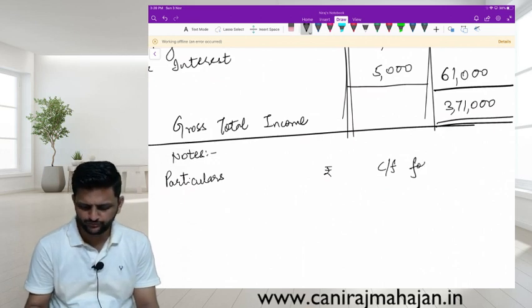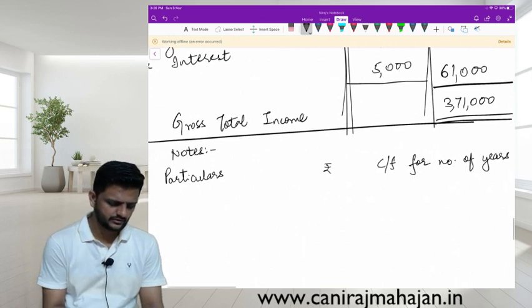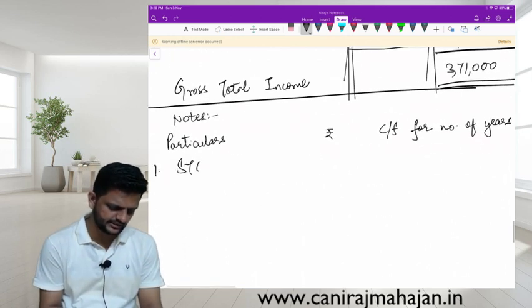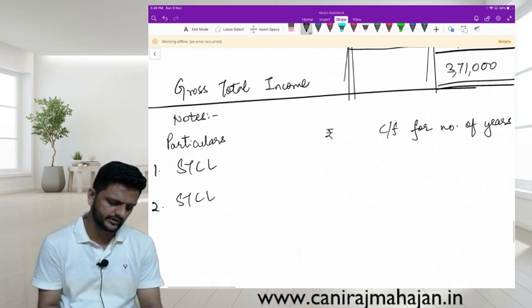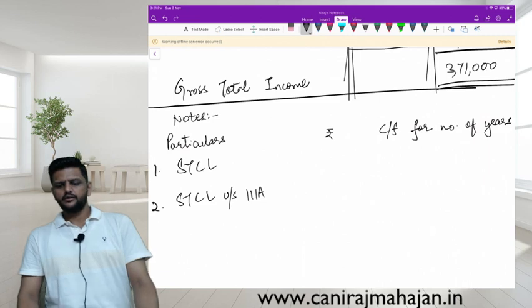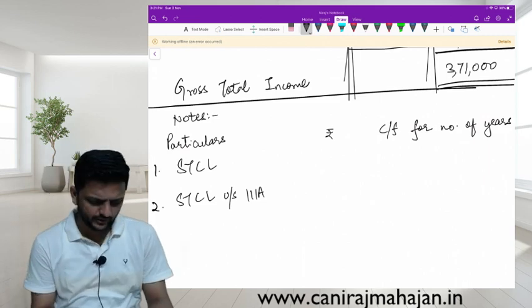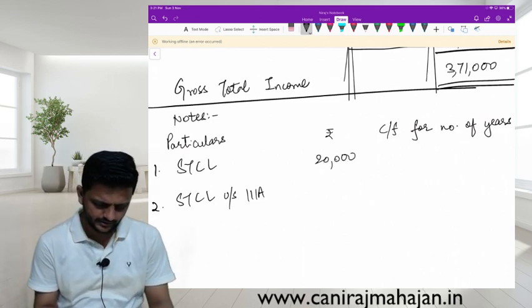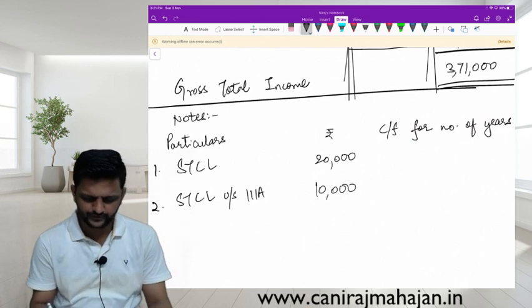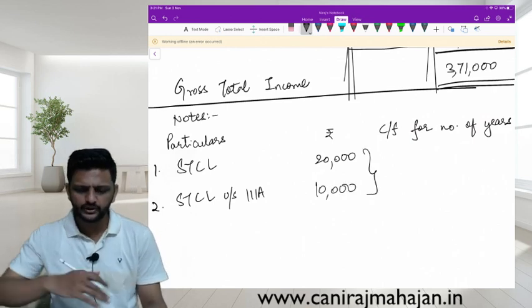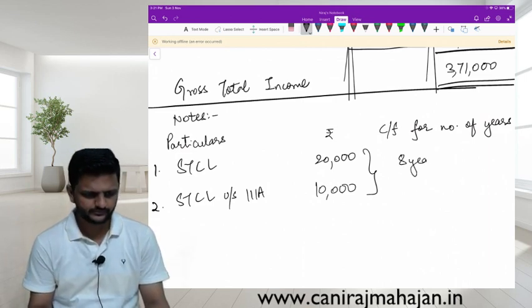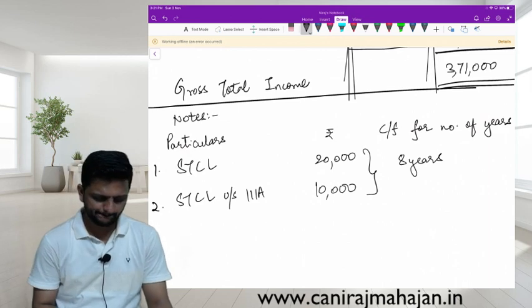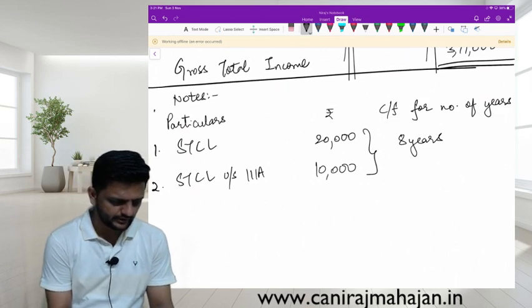Carry forward for number of years: STCL under section 111A. Above STCL is 20,000 and here it is 10,000, and both are not brought forward for 8 years. Correct? This is point number 1 actually.